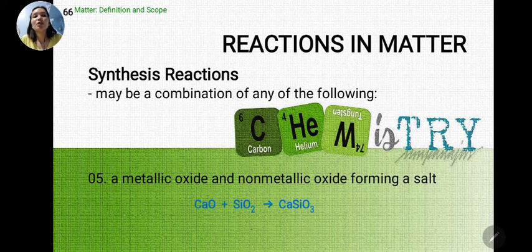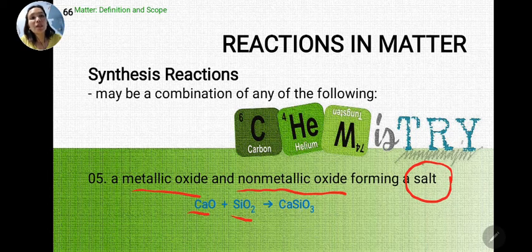Another combination of a synthesis reaction is from a metallic oxide and a nonmetallic oxide forming a salt. Okay, you have calcium oxide here plus silicon dioxide. You will form calcium silicon trioxide.